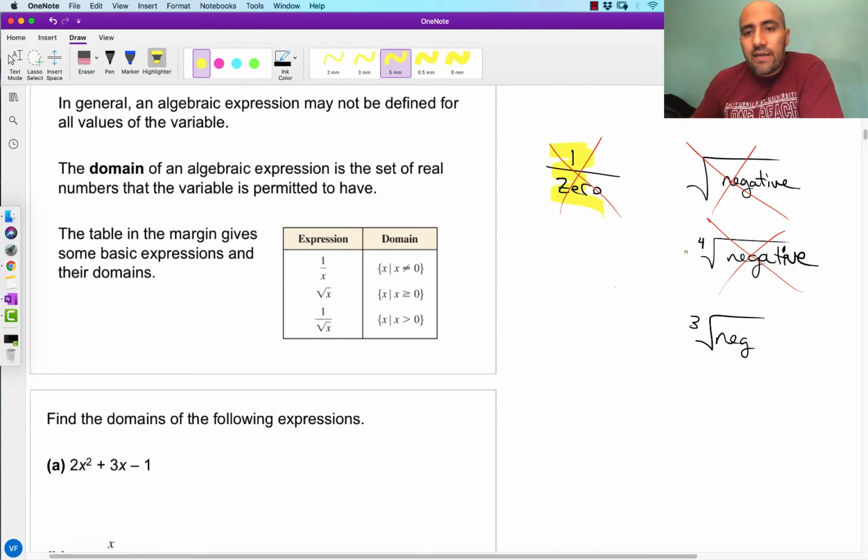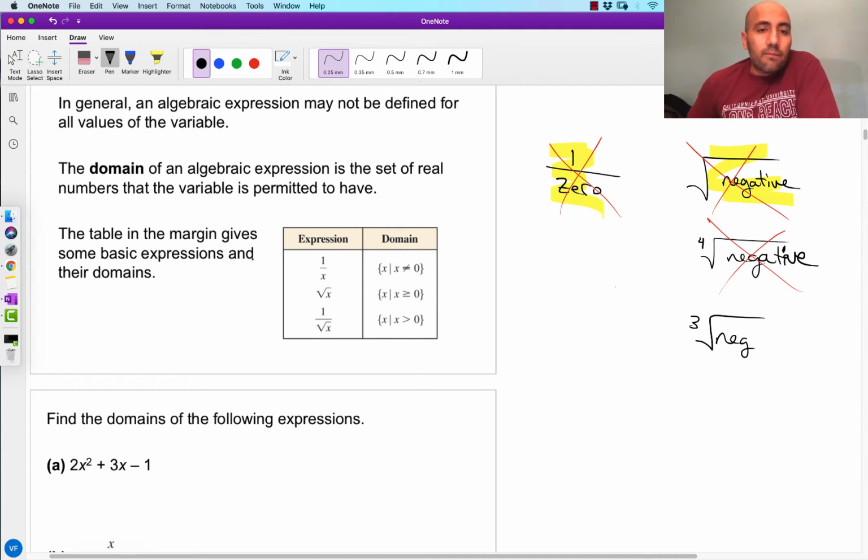Okay, so most of the time we really just deal with these two cases: where we're dividing by 0 and where we're taking the even root or the square root of a negative. So here's a little summary. The domain of an algebraic expression is the set of all real numbers that the variable is permitted to have without violating one of these rules.